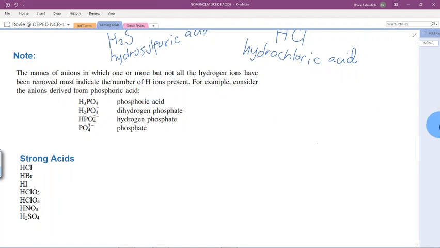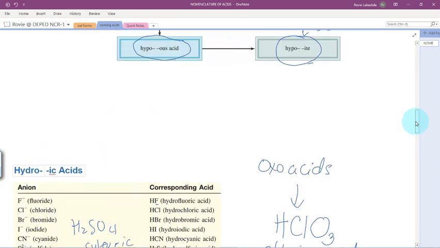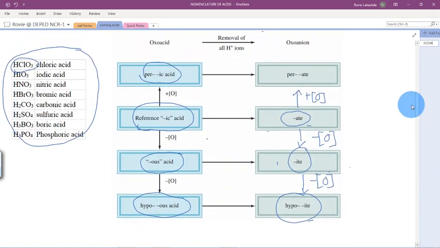Let me just reiterate this part. Why do I need to discuss this? Because in the diagram, all the hydrogen ions are removed. Removal of all the hydrogen ions. That's why the naming for the oxoanion follows the rule in this diagram, from ate to per-ate, to ite to hypo-ite.